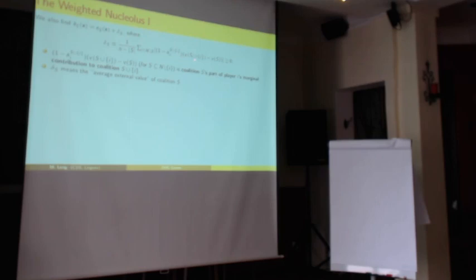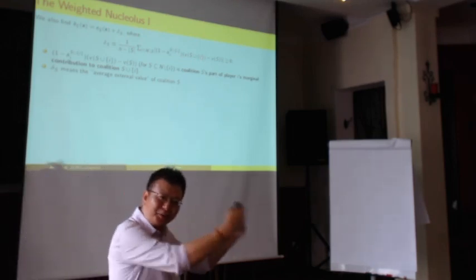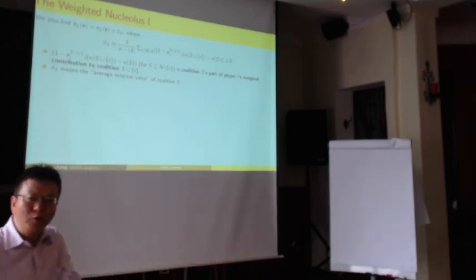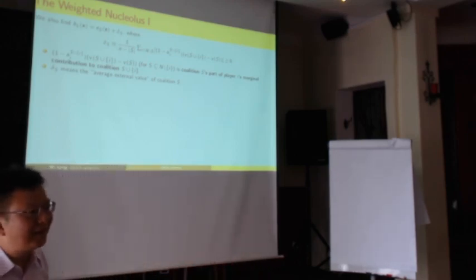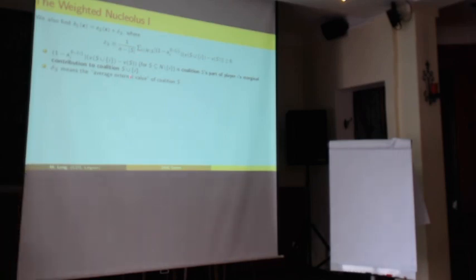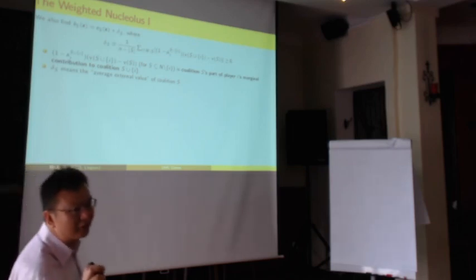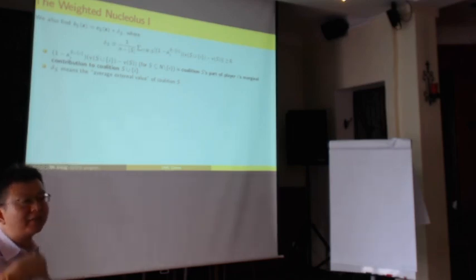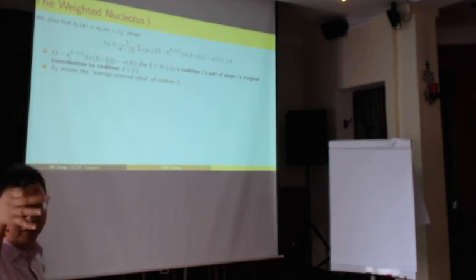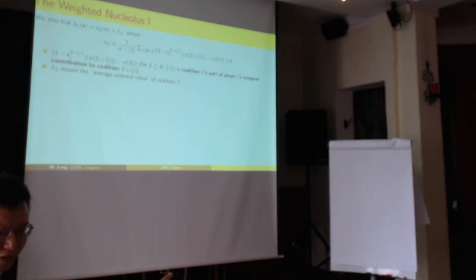But 1 minus this one means that after we allocate this money to player I, the remaining part will be given to coalition S. This is called the average external value, but this is not created by S. It is external, because it comes from other players, player J's marginal contribution, and the coalition shares this part. So this is called the average external value.